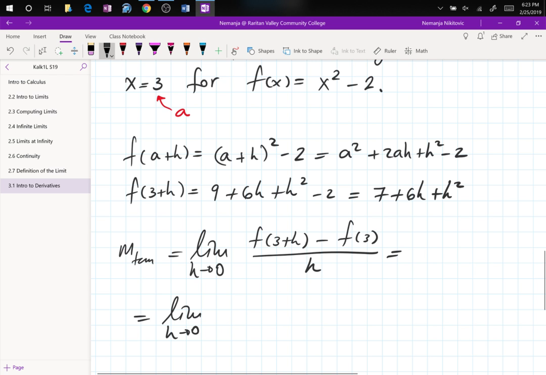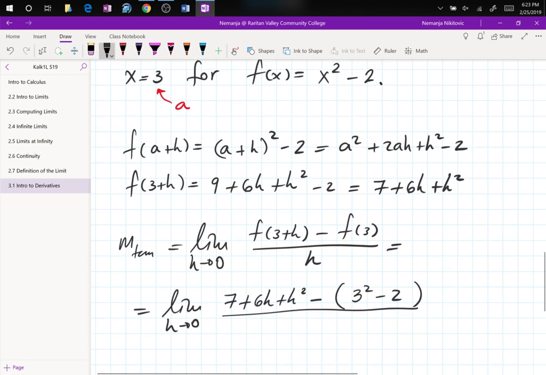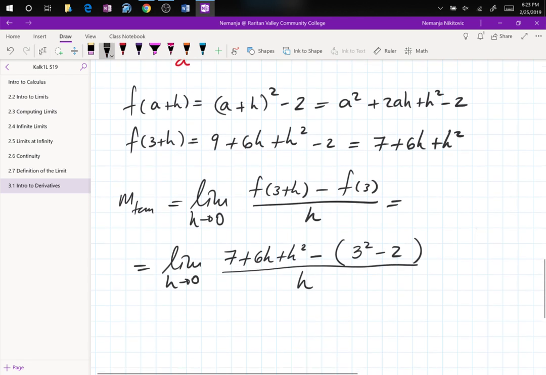F of 3 plus h is 7 plus 6h plus h squared, minus f of 3, that's going to be 3 squared minus 2, divided by h. How much is 3 squared minus 2? Very good.